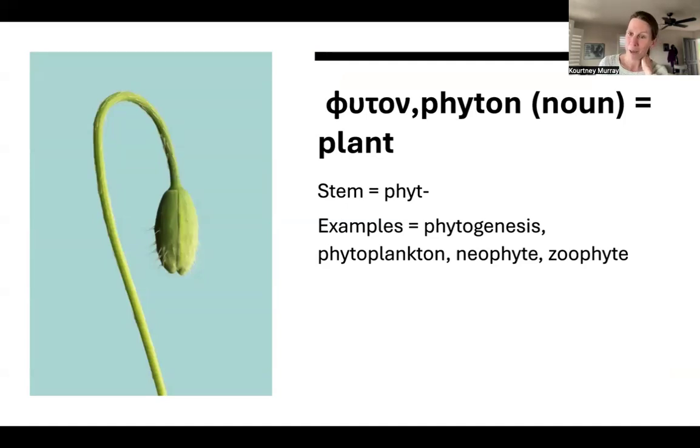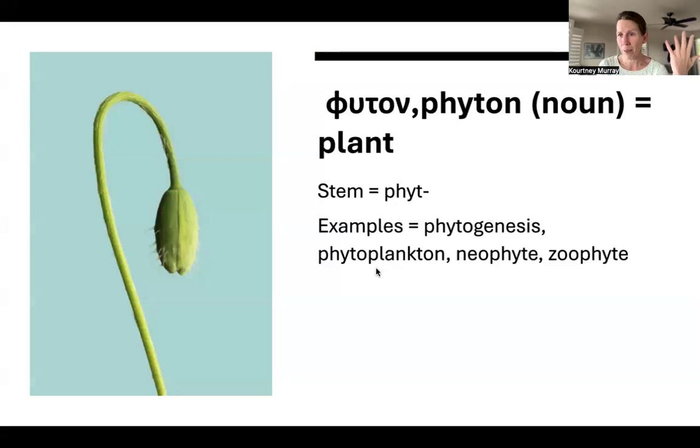This phyton from the Greek means plant, and so it gives us this stem, PHYT, which I know pops up all the time in biology books and all. Not photosynthesis, that's not it. But if we look at words like phytogenesis, this is the study of the birth of plants, like how the plants come about. And then phytoplankton, these are plankton or algae that contribute to the biosphere of the ocean.